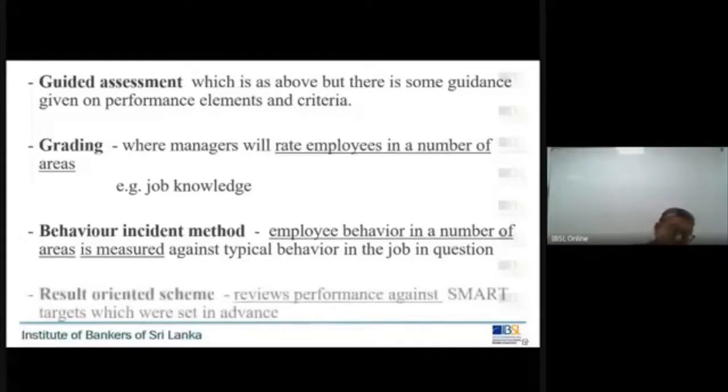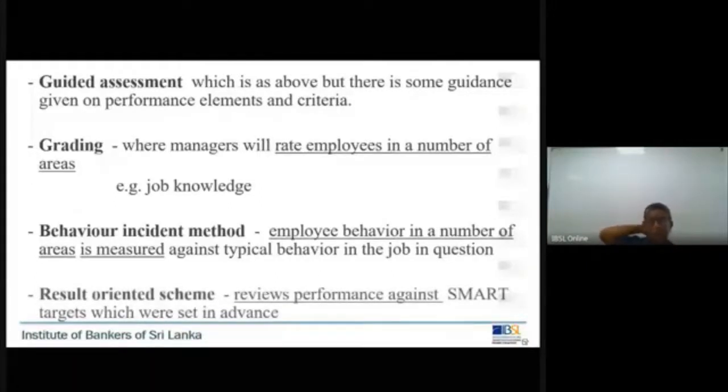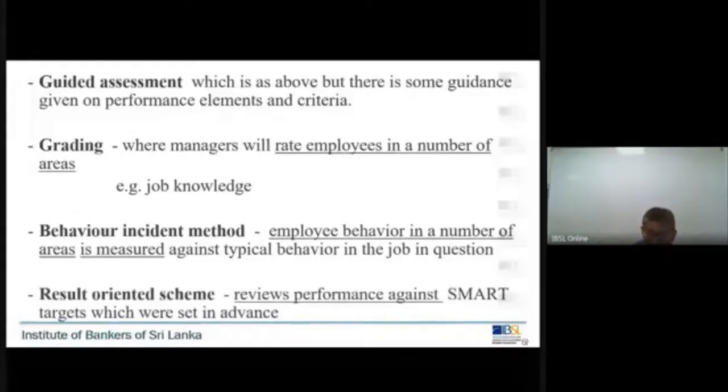And sometimes we call it the result oriented scheme. That means to what extent you achieve. Now you are given a target. Say you need to open 10 accounts, or maybe 100 accounts, or bring in 10 new customers, or maybe you need to open current accounts for so many customers, right?